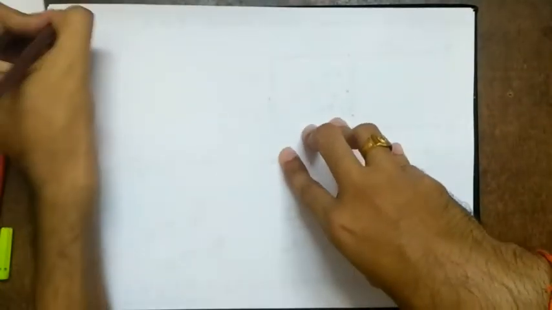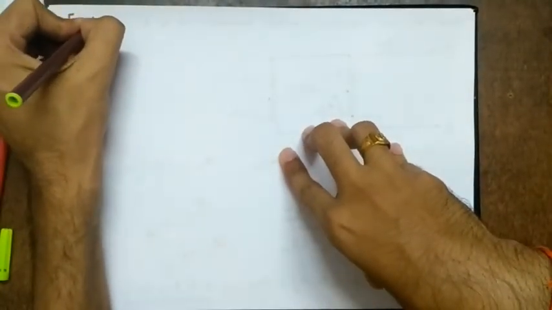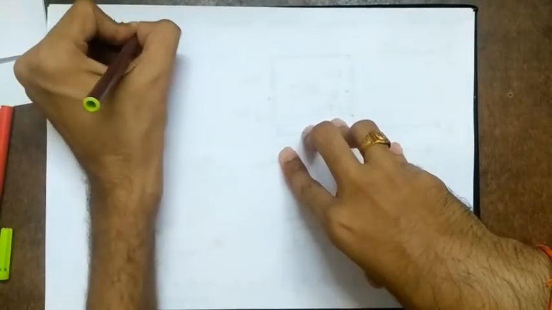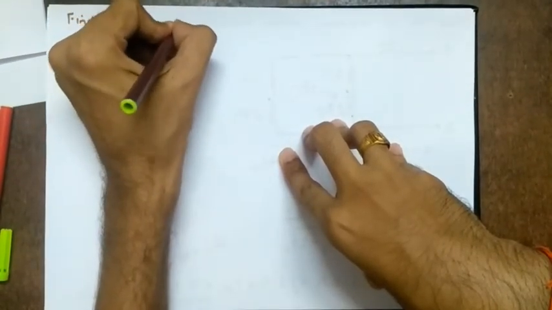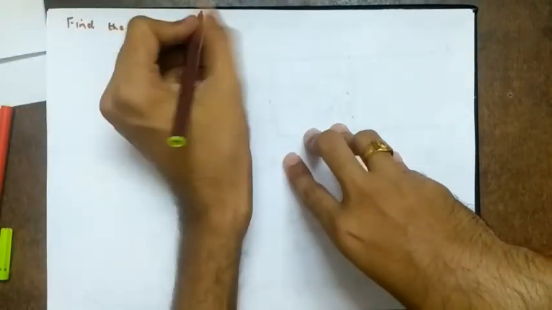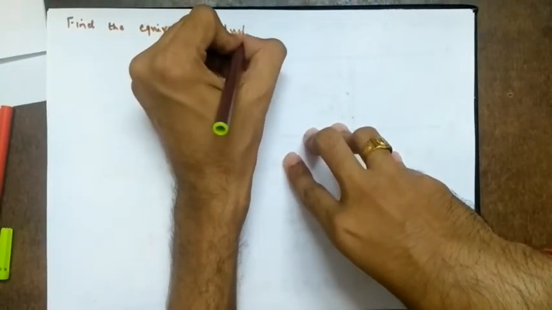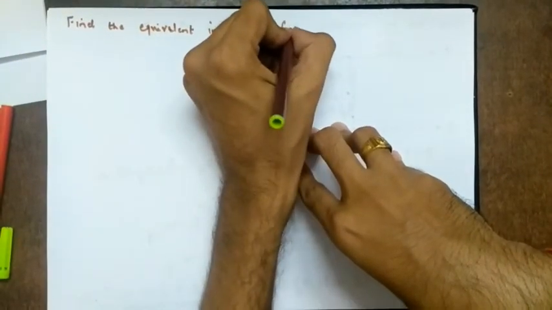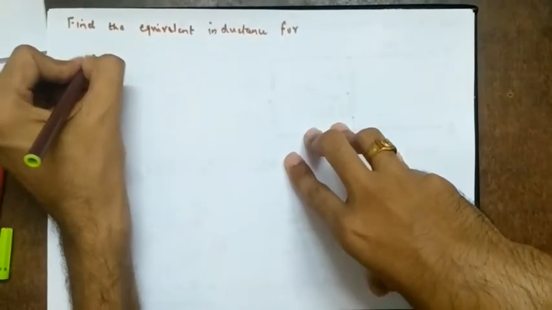So let's have some homework problem. The question is, find the equivalent inductance for the network given as such.